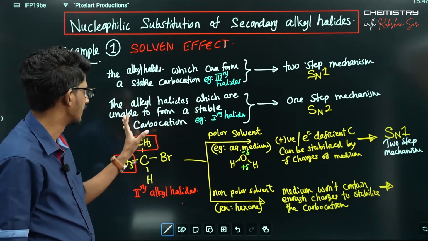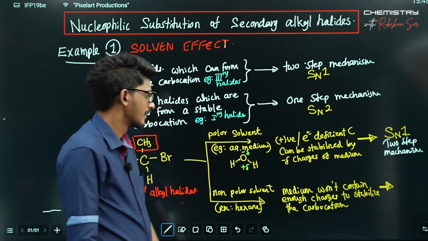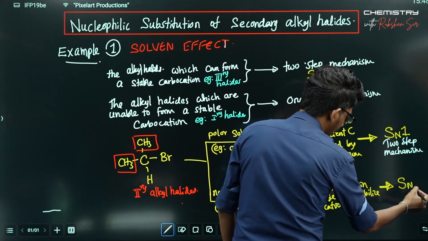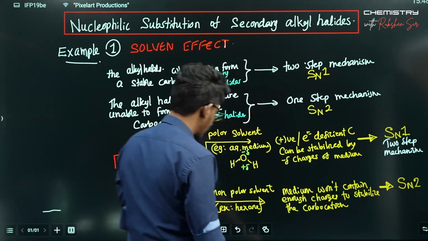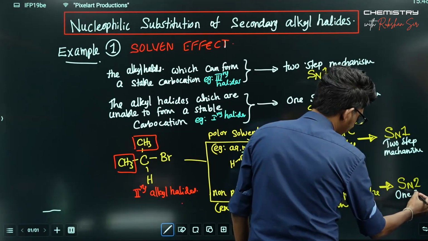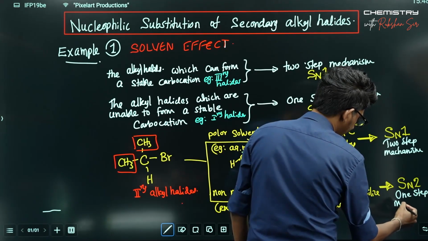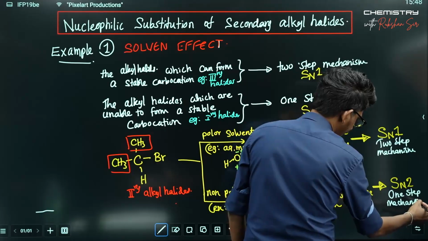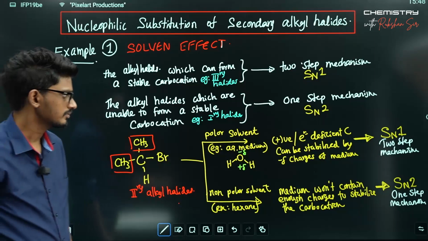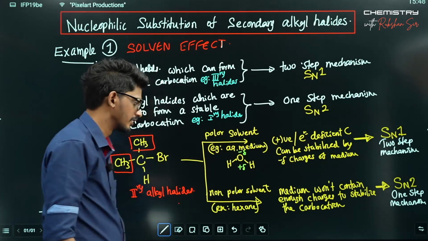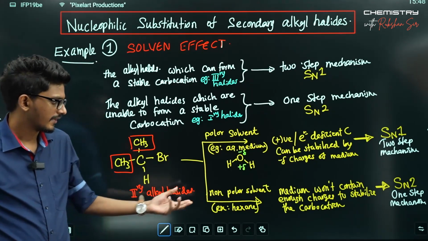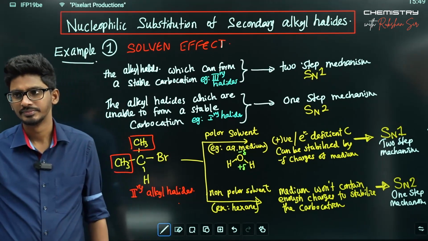The alkyl halides which are unable to form stable carbocations will prefer the one-step mechanism. That is what happens. With a polar medium, it will go through a two-step mechanism, the nucleophilic substitution. In a non-polar medium, the nucleophilic substitution will occur through a one-step mechanism.